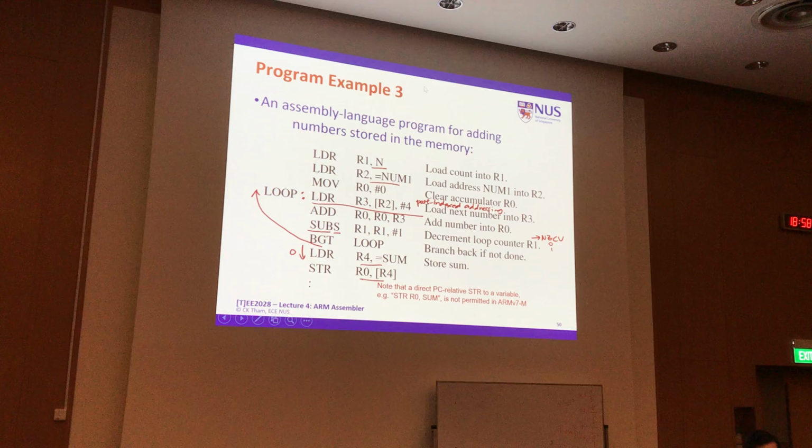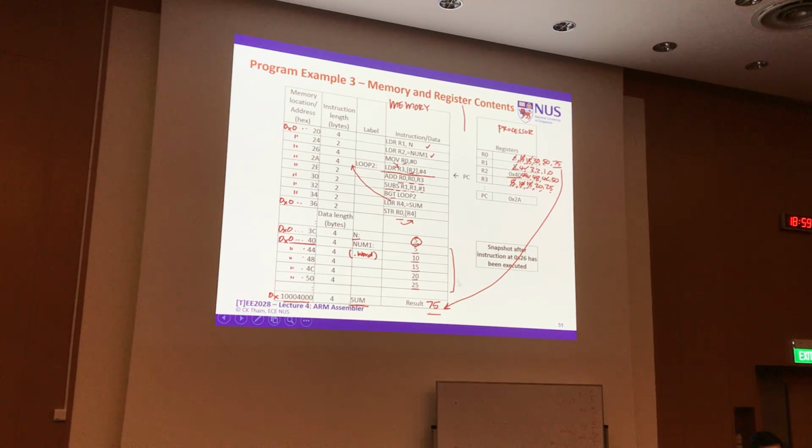This is very useful in example 3, where we want to add a list of numbers that is stored in memory. I went through this example in detail, so go and trace it yourself again. Because of this post-index, it was very convenient. My R2 value can change automatically so that I can access the different values and then do the addition.